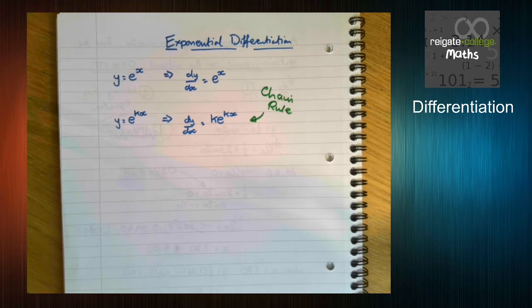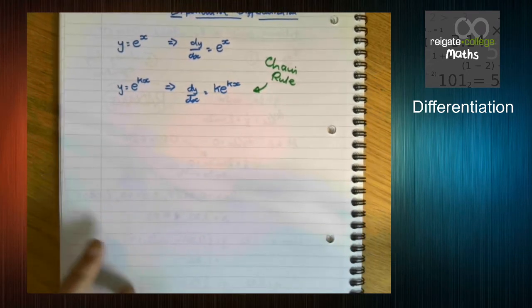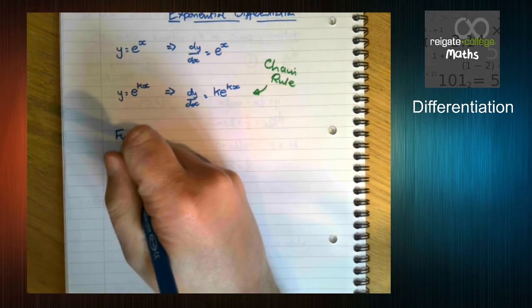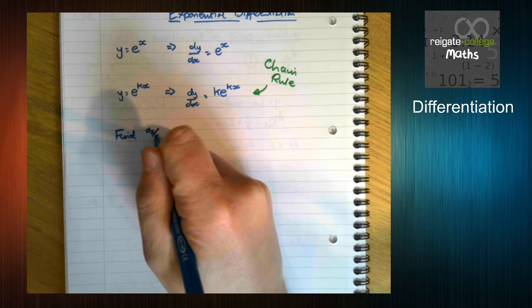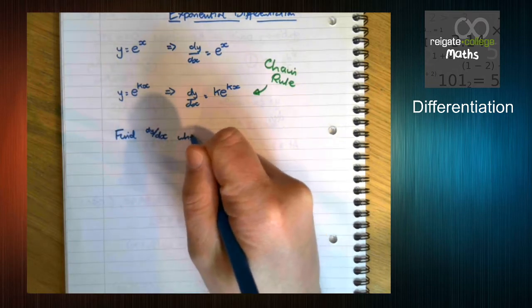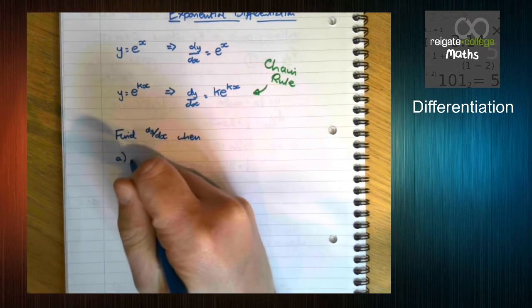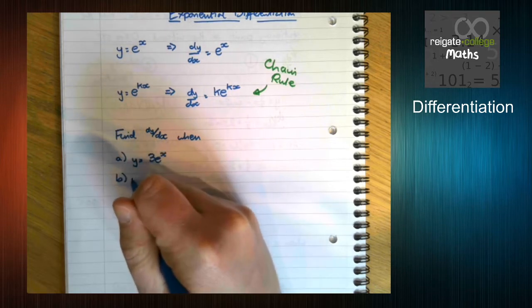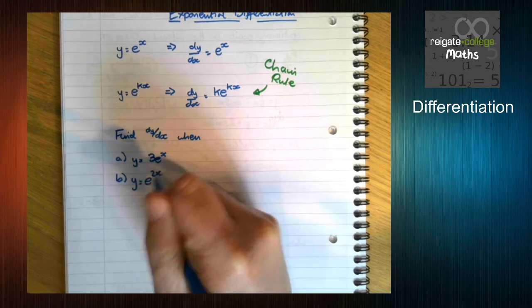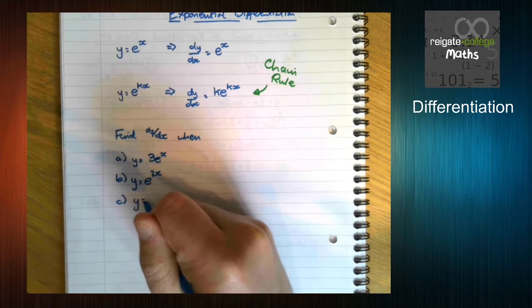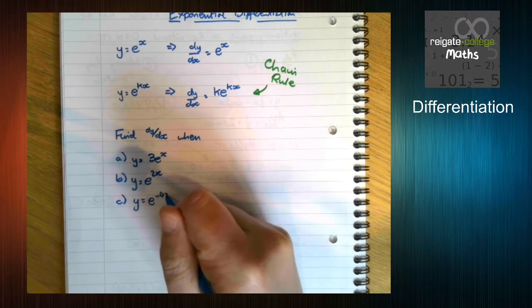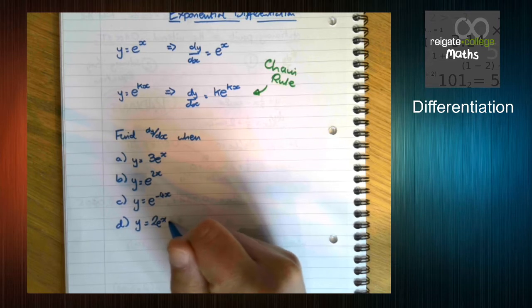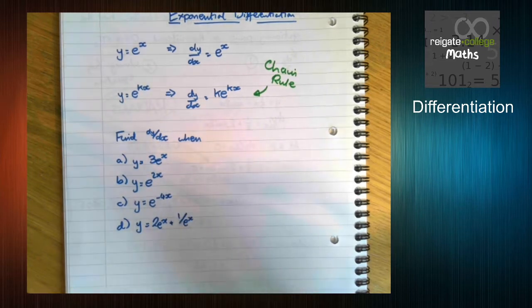So let's do a couple of examples. Find dy by dx when y equals 3e to the x, y equals e to the 2x, y equals e to the minus 4x, and then y equals 2e to the x plus 1 over e to the x.